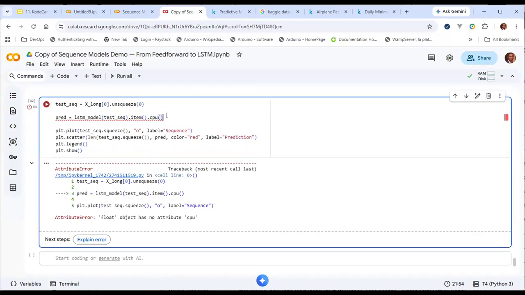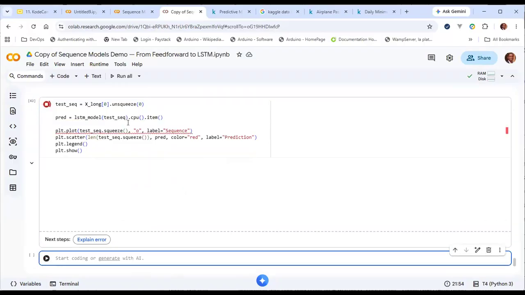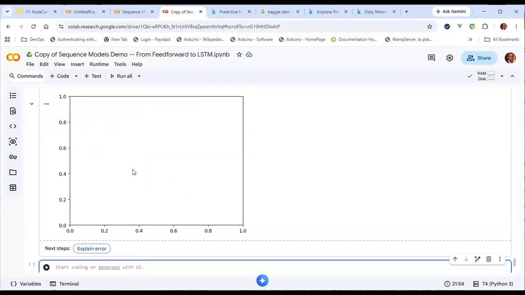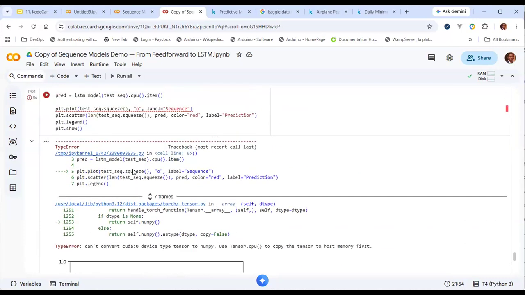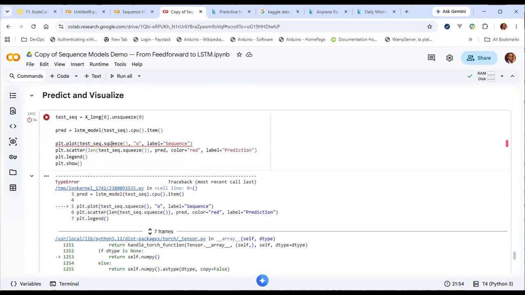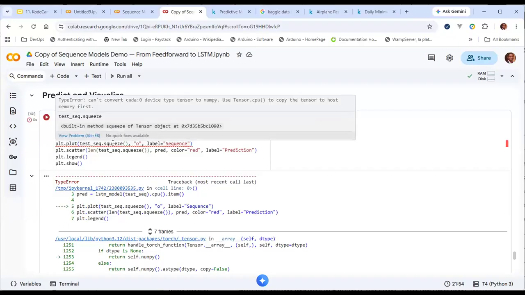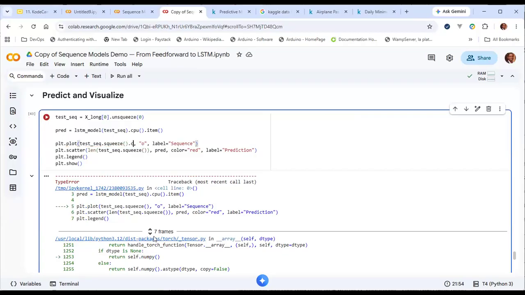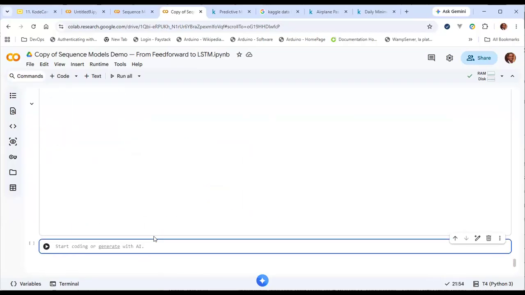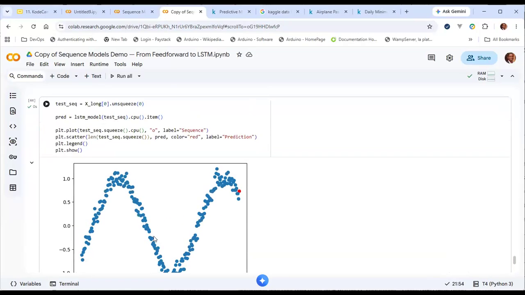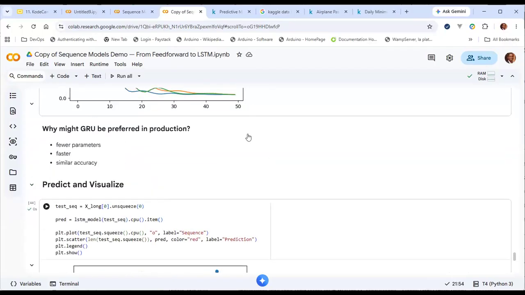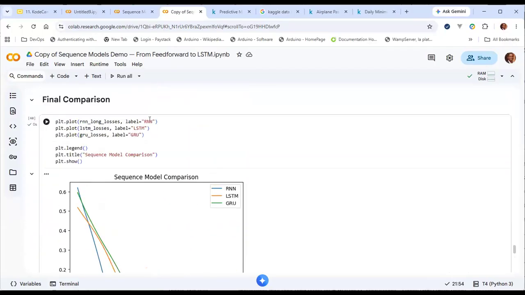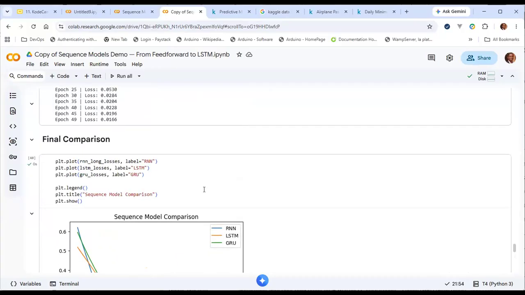The tensor should be on the CPU first before item. All right, so we have the same problem here as well. Squeeze. It's still a tensor. All right. So you can see how much faster it was with the GPU. I just wanted to show that we were wasting a lot of time waiting for it before.